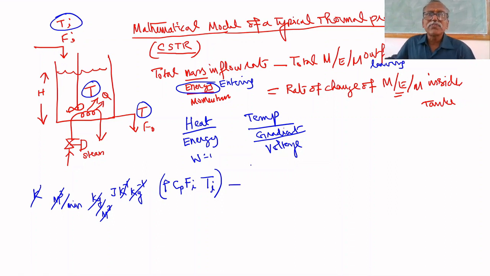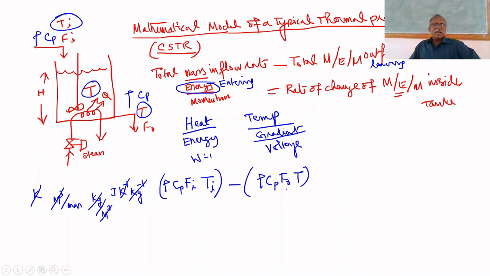Similarly, the amount of heat energy leaving, in joules per minute: let us assume that the density of the entering and leaving streams is the same, and the specific heat capacity Cp is also the same. Therefore, we can write rho Cp F naught, the outflow rate F naught, multiplied by T; that is the amount of heat leaving the tank.